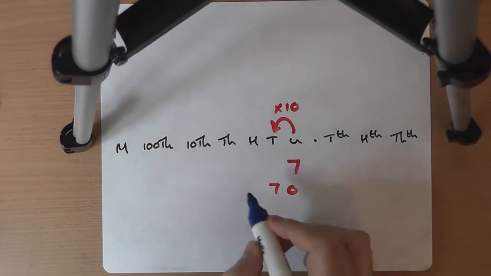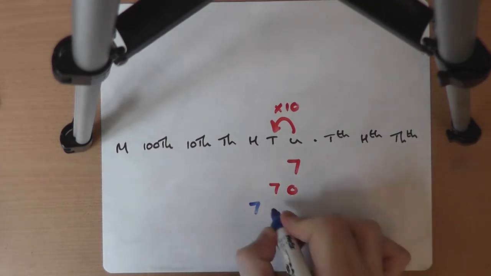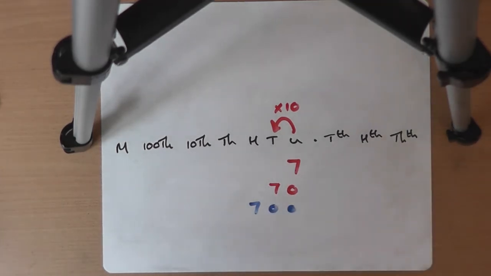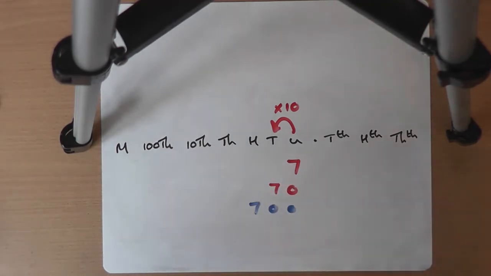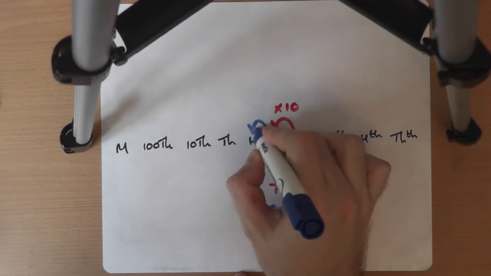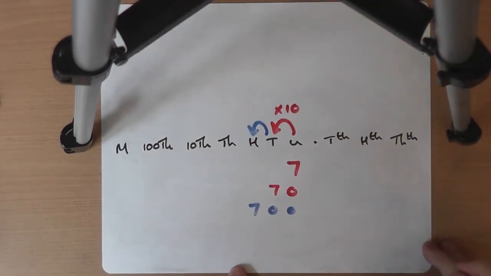Imagine now that I move the 7 once more and put it in the hundreds. It's now a 7 in the hundreds, it's a 700. In fact, we can fill the number out again. We can fill in those 2 extra columns to make it a proper number, a 700, because we can't have random gaps in numbers. The 7 has moved one more place. It has moved from tens to hundreds. It has moved from 70 to 700.